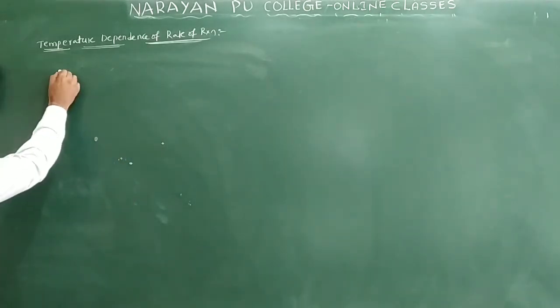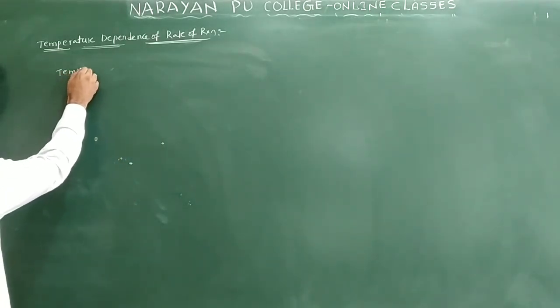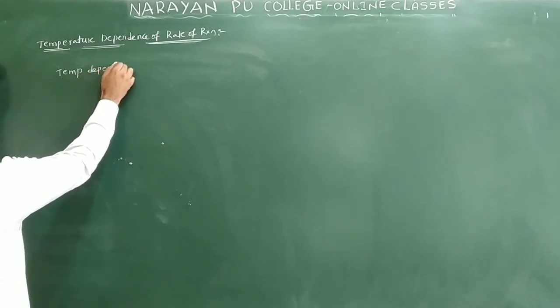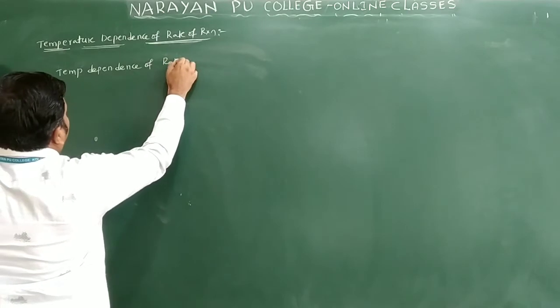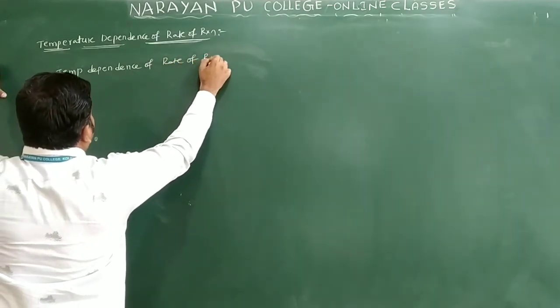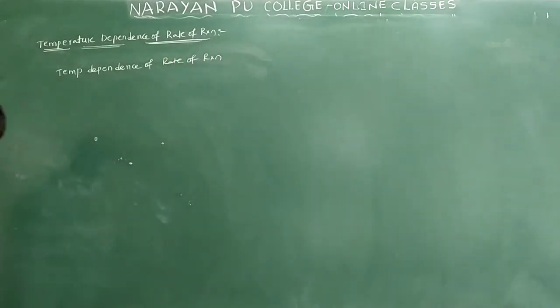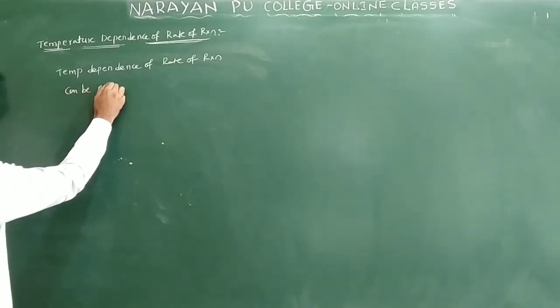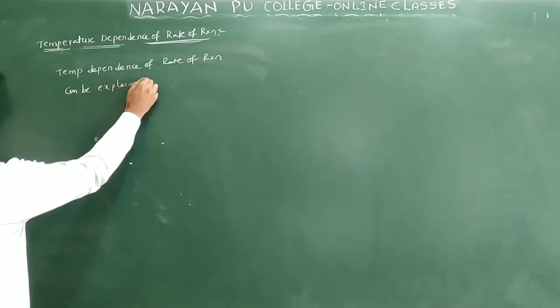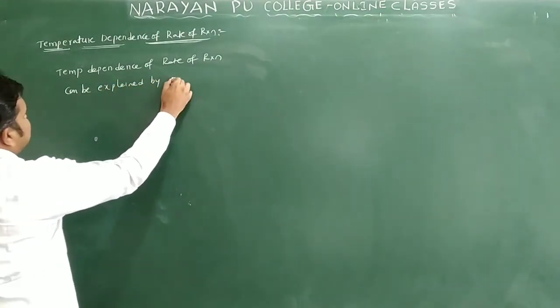I will write this one: temperature dependence of rate of reaction can be explained by the Arrhenius equation.